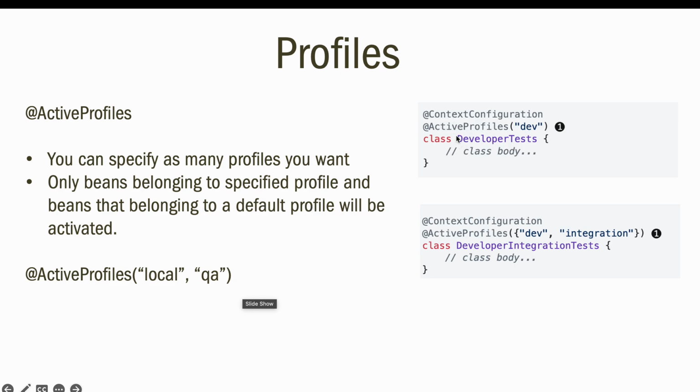So this is a typical usage here. On the right, we have DeveloperTest. Then we have @ContextConfiguration. Then we have @ActiveProfiles. Then we have dev, which means we are activating this dev profile for this test class. Here, as you can see, we have specified two profiles. Remember, we also mentioned the default profile.